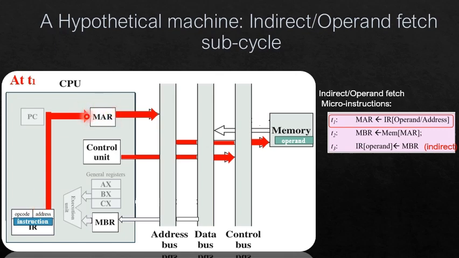So a similar thing will happen. The address in the MAR, this time the address for the operand, will be sent to the address bus, and then through the address bus to the memory. The control unit also tells the memory that the CPU needs to read the operand from that address given in the MAR.